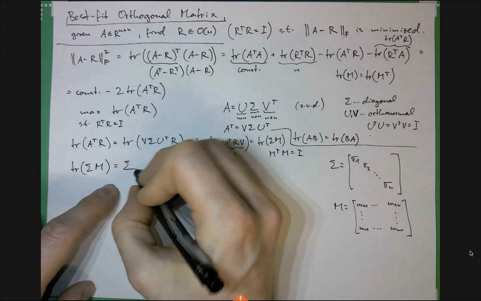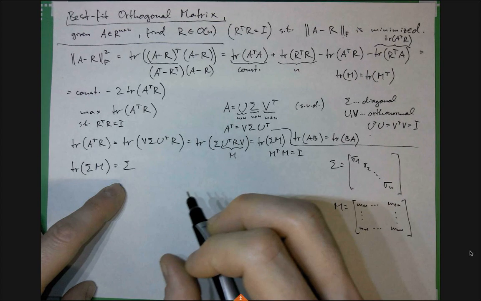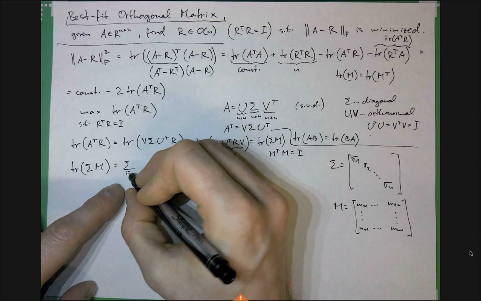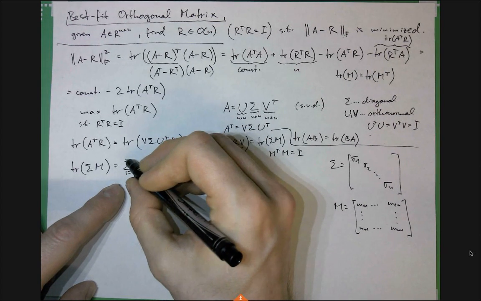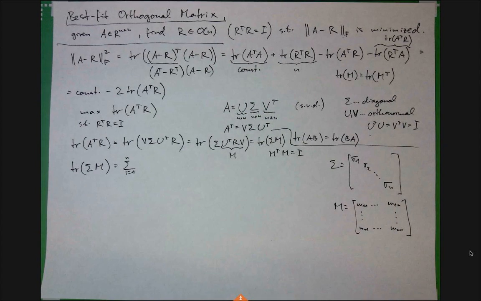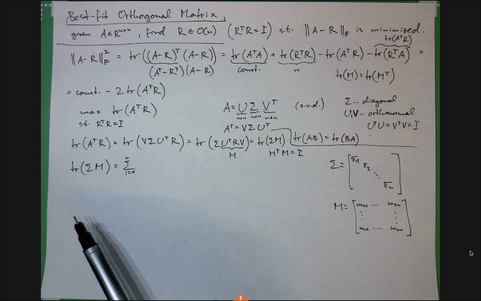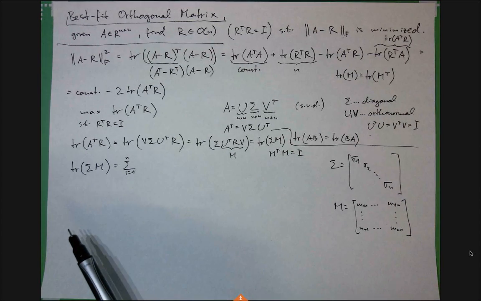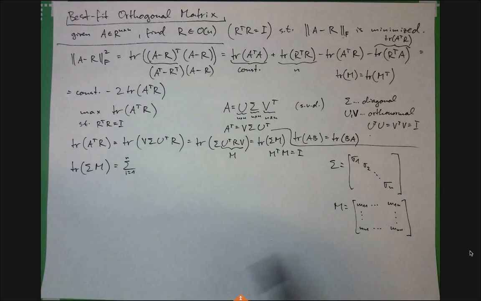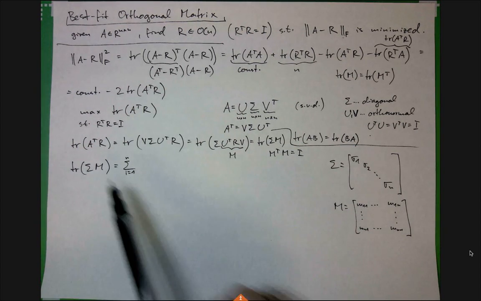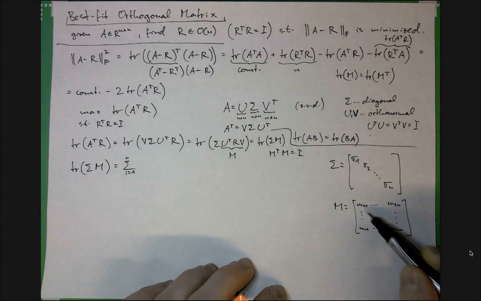Can you help me write what the trace is? First, the multiplication by sigma scales every row of M. Doesn't even matter in this case, because ultimately we are only looking at the diagonal, right?